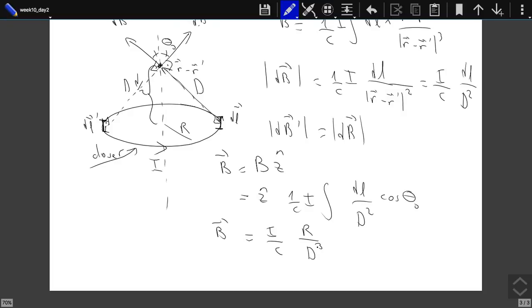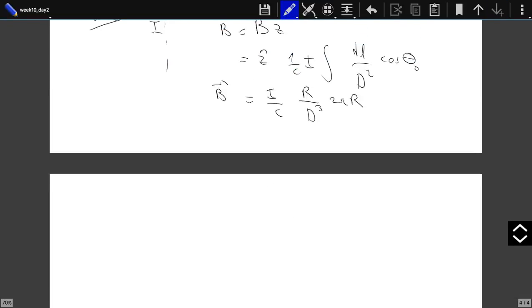I have dl, and if I just sum all the dl's, I get the circumference, which is 2 pi R, in the z direction. So the B field is I over c, I times pi R squared over c, I have 2, I have z hat over D cubed.